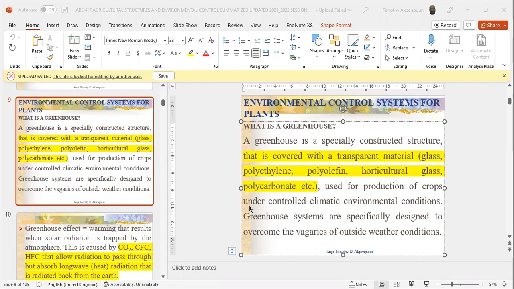Because there is no vegetation, because there's no heat exchange. Partially correct. Heat exchange between what and what? Between the plant and the atmosphere. Correct.